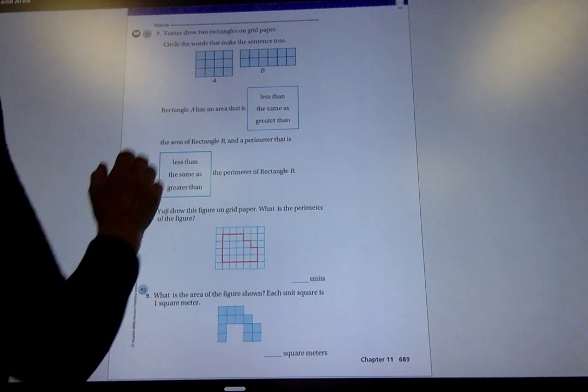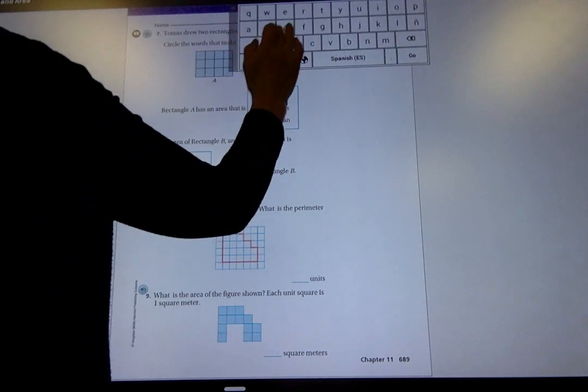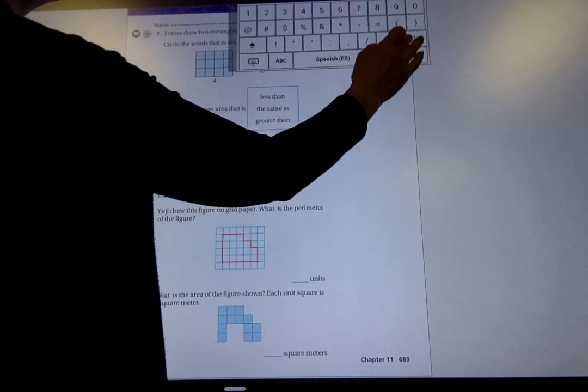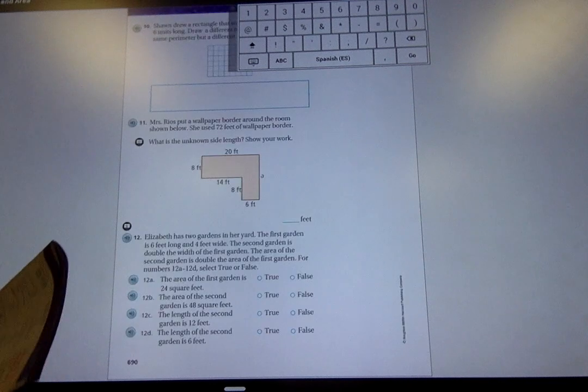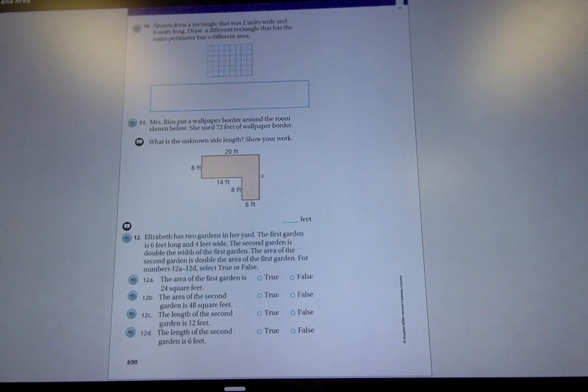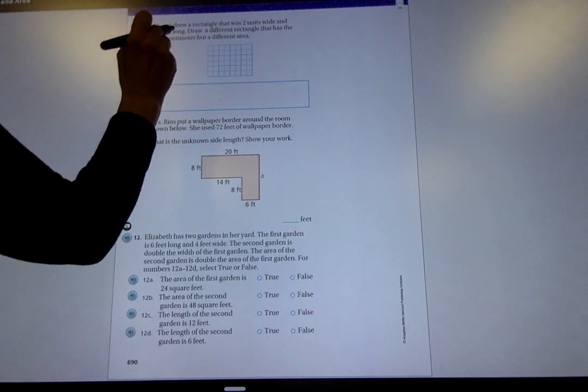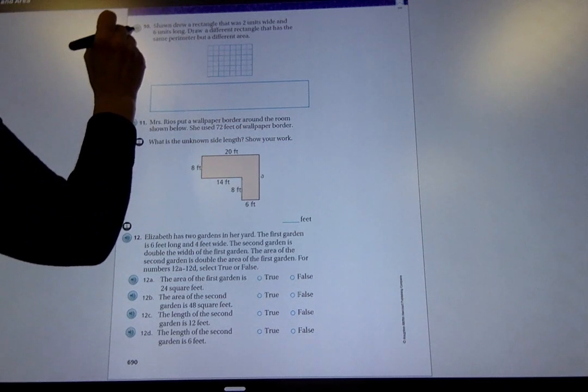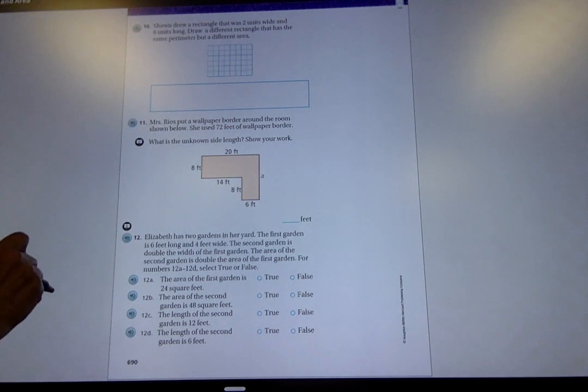On we go to page 690. Sean drew a rectangle that was 2 units wide and 6 units long. 2 by 6. Draw a different rectangle that has the same perimeter but a different area.